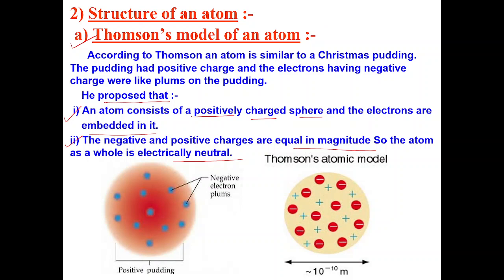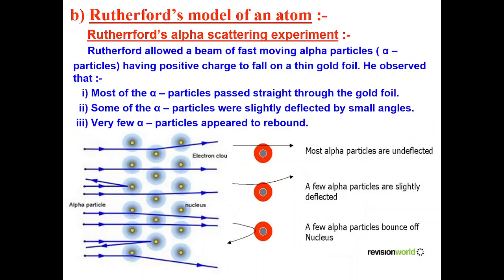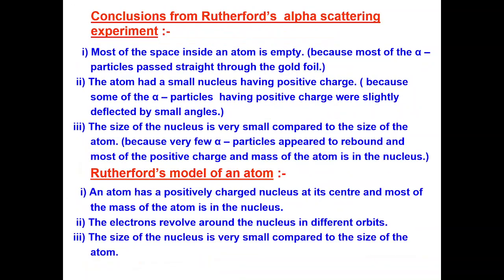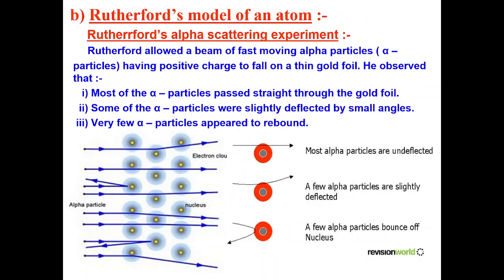Now let us go to the second model of atom, which is Rutherford's model of atom. Before going to Rutherford's model, we will see the alpha scattering experiment which was done by Rutherford. He allowed a beam of fast moving alpha particles having positive charge onto a very thin gold foil.